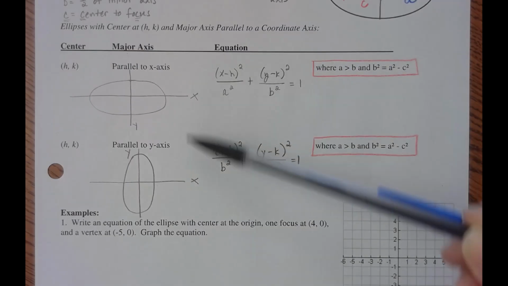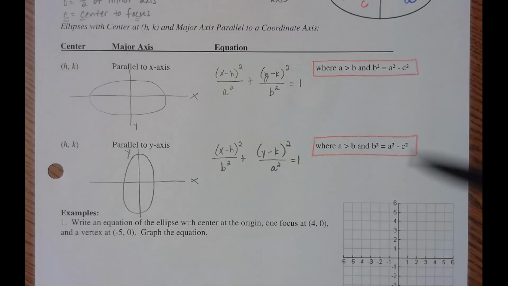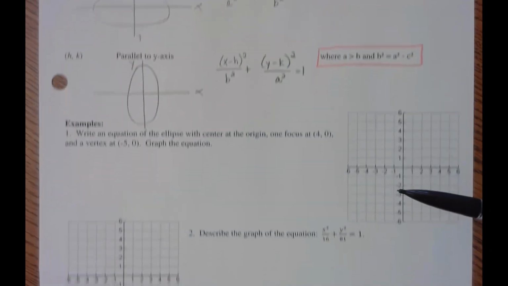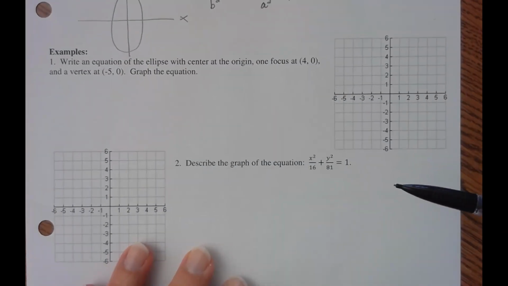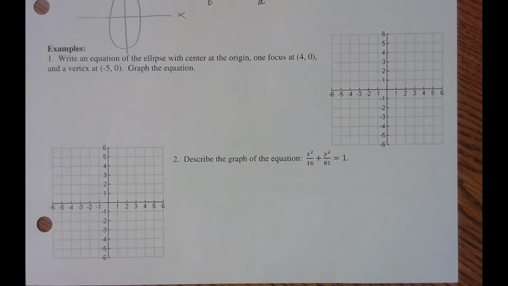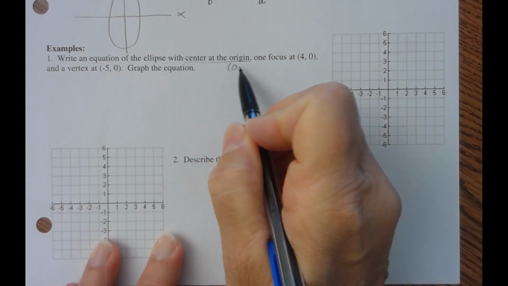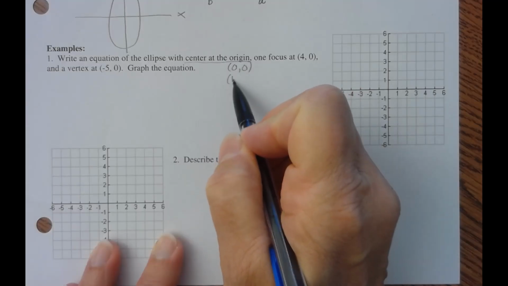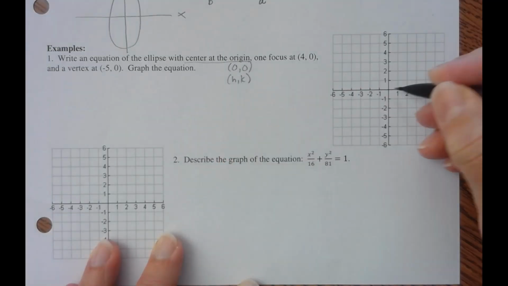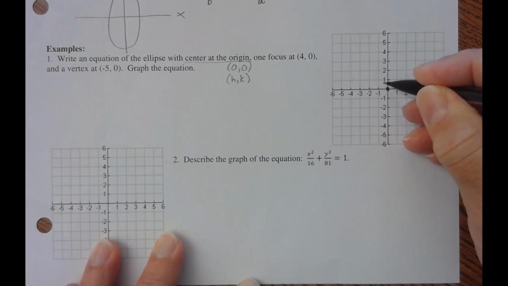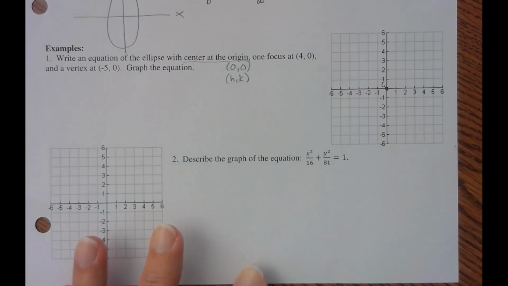All right, keeping all these things in mind, we're going to write an equation of an ellipse with center at the origin, one focus at 4, 0, and a vertex at -5, 0. Start by plotting all your given information. Center at the origin, so 0, 0, keep in mind that's H, K. Center, it's helpful to label our points.